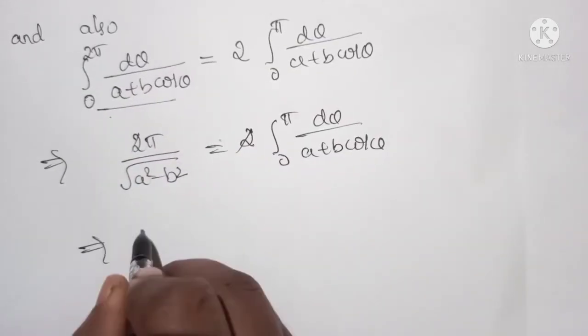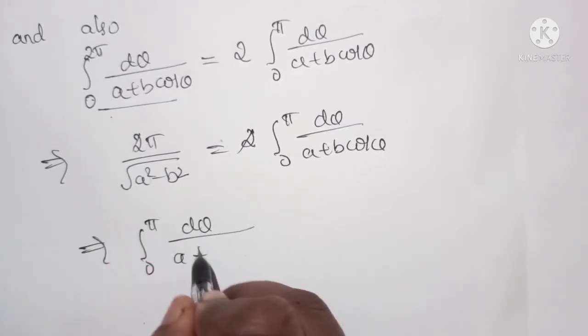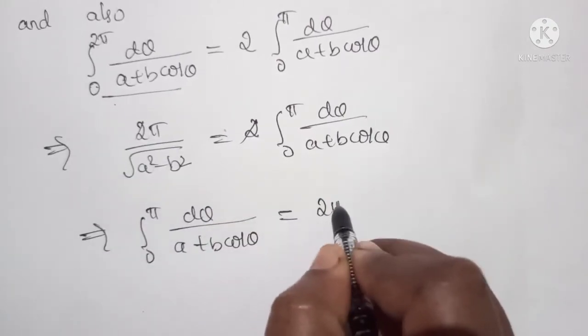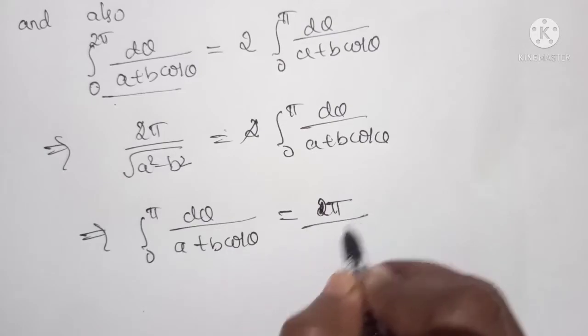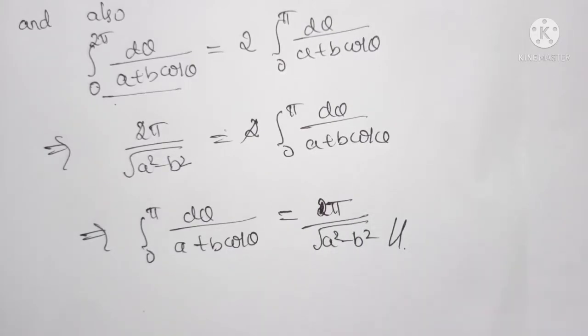The 2 gets cancelled, so we get the integral from 0 to pi of d theta divided by a plus b cos theta is simply pi divided by square root of a square minus b square, which is the required proof.